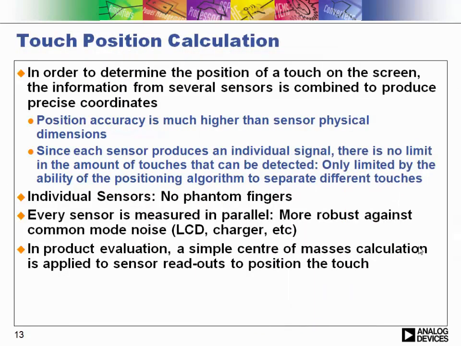So we have these 96 readings from all these sensors, and from there on, we need to calculate where the finger is. We need to position the finger on the screen. You may have noticed these sensors are quite big, and the resolution on your phones is much finer than that. You should be able to point your finger almost at the pixel level of your screen, right?